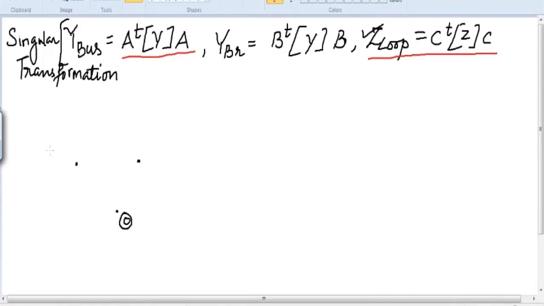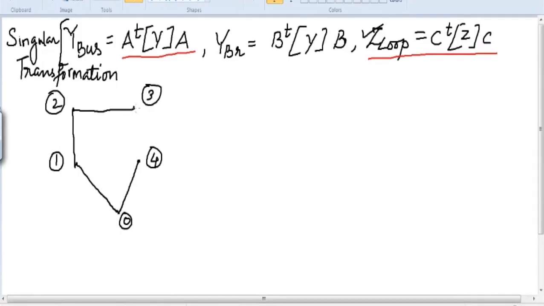Nodes 0, 1, 4, 2, and 3. These two are links, so they will be drawn with dotted lines.